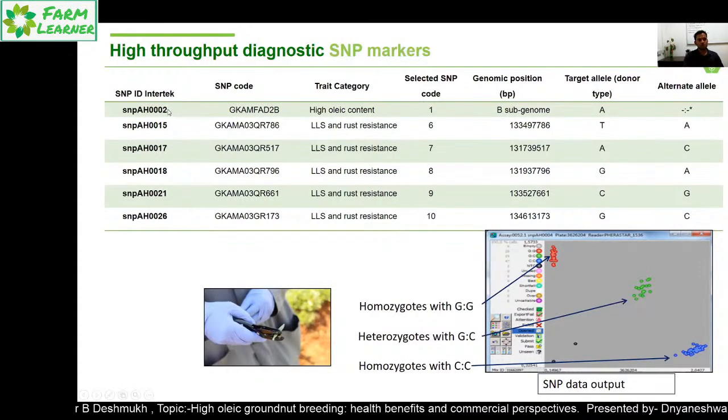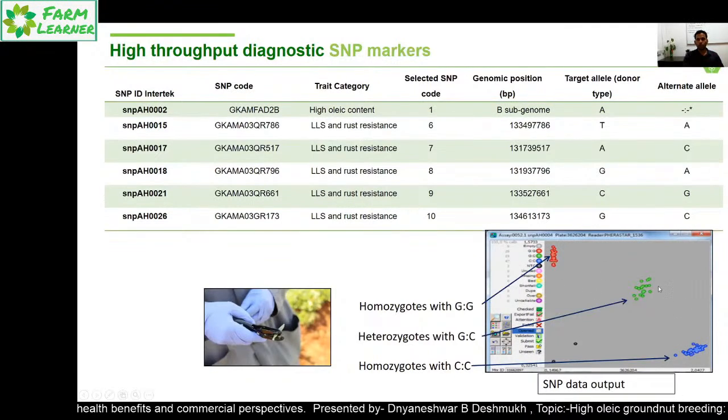Here we used 5 markers for indirect selection by using SNPs, that is single nucleotide polymorphism markers. This was the one marker responsible for high oleic content, and these 5 markers are responsible for late leaf spot and rust resistance.